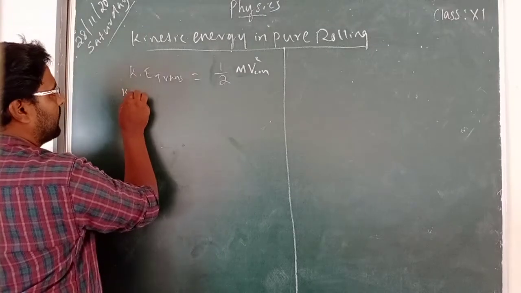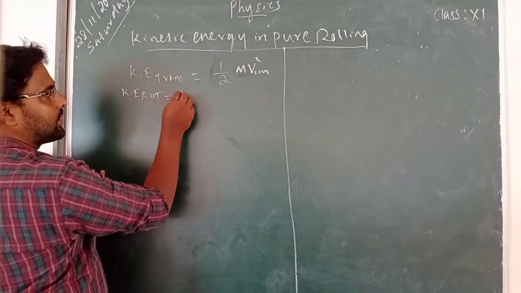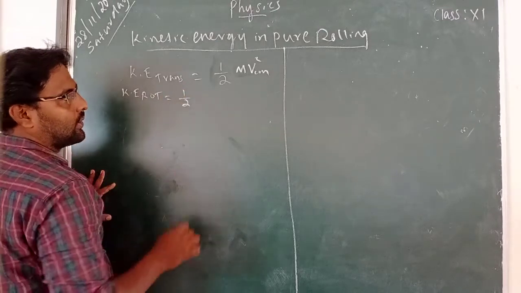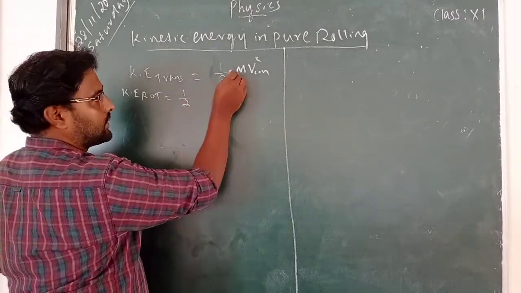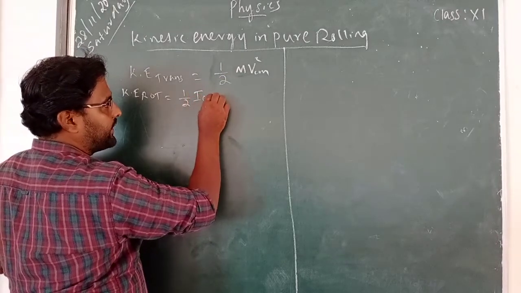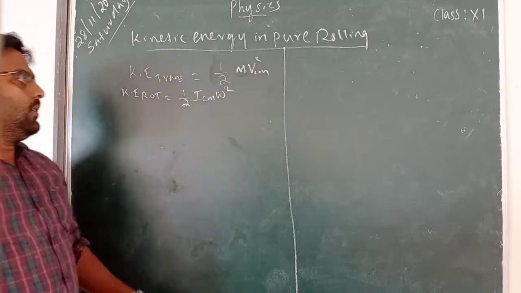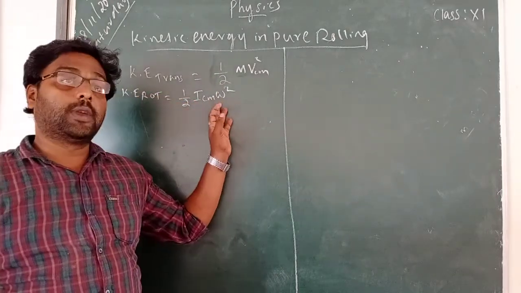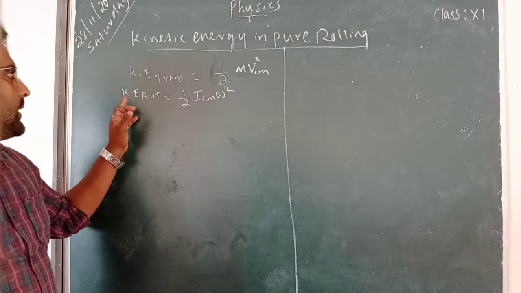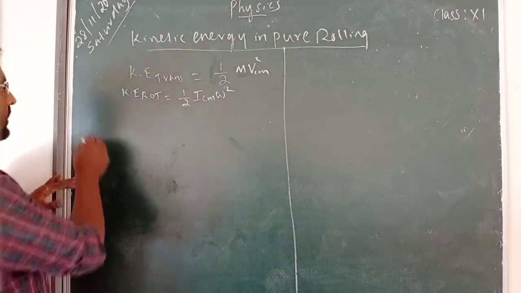And for rotational motion, it is equal to half I cm omega square, where omega is the angular velocity. This is the kinetic energy rotational formula and translational formula.